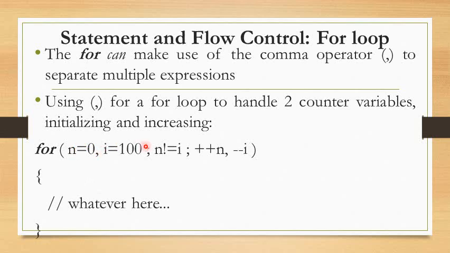Then we have n not equal to i. Can you see that? Then plus plus n, minus minus i. At this time, we have two variables that are initialized, and the condition is based on the two variables, where one is incremented and one is decremented. Then whatever you want to type will follow. Get it?